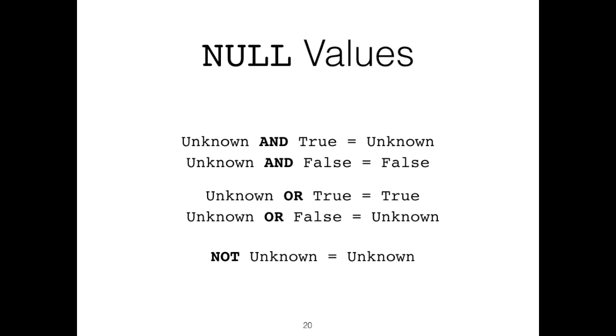And the symmetric case also comes up with ors. So unknown or true is always true. Unknown or false is always unknown. And this is the one that gets everyone. Not unknown is unknown.